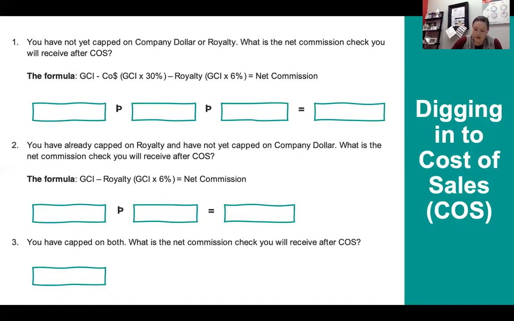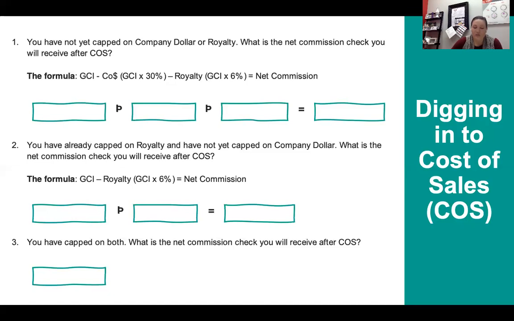Now, this is if you are not capped on either company dollar or royalty. So in this next instance, number 2, you're capped on royalty, which the formula is not correct for that. So you're capped on royalty. What is your company dollar?